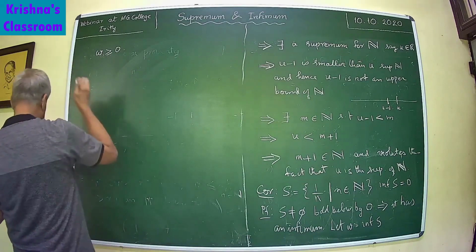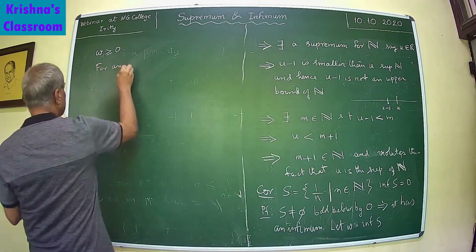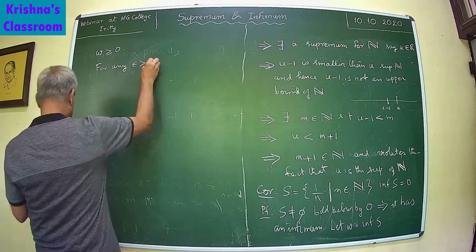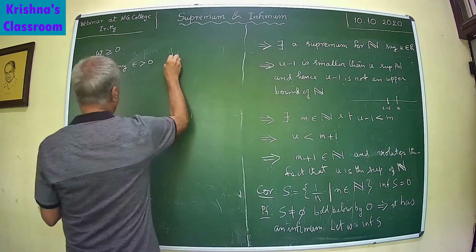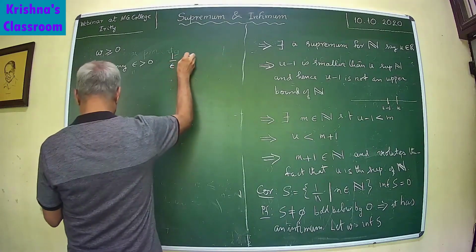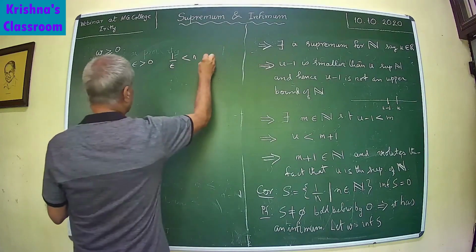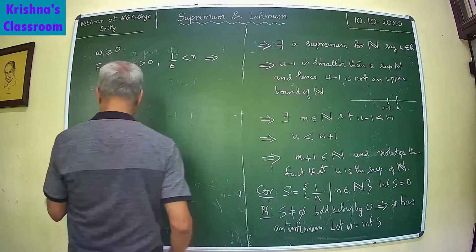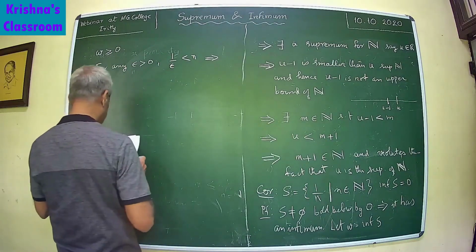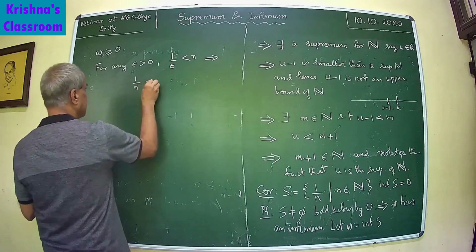Now for any epsilon, one by epsilon is less than n implies one by n is less than epsilon.